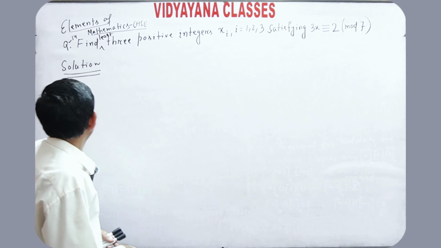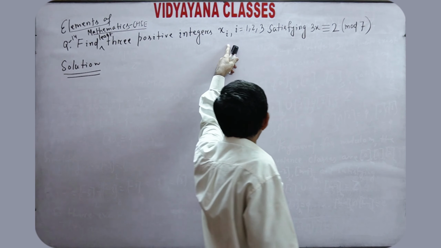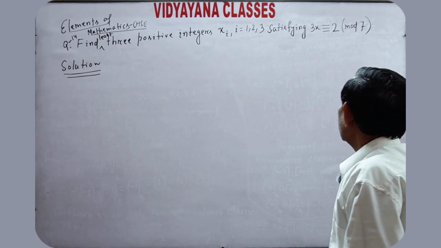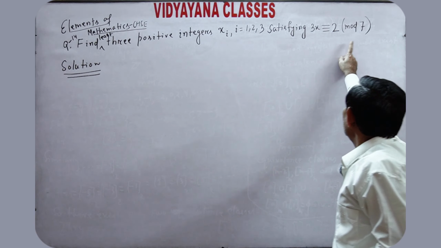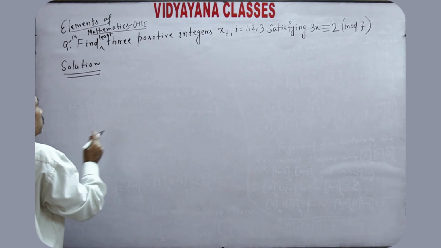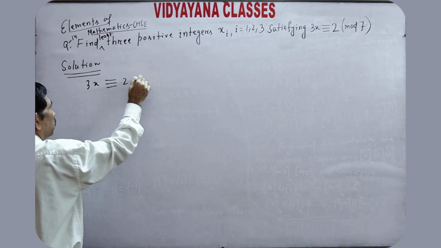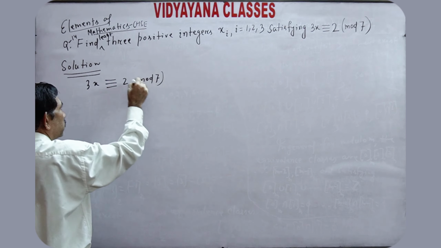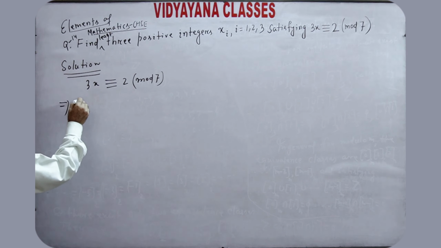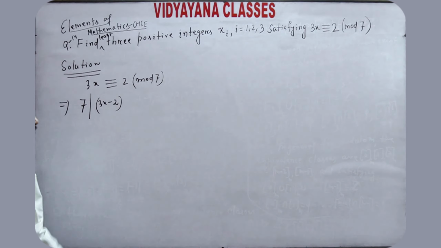Next question. Find least 3 positive integers xi, i varies 1 to 3, satisfying 3x congruent to 2 modulo 7. Solution: 3x congruent to 2 modulo 7, which implies 7 divides 3x minus 2.